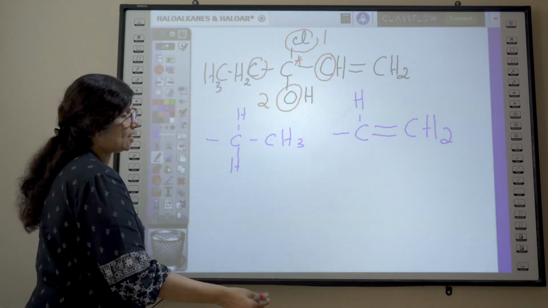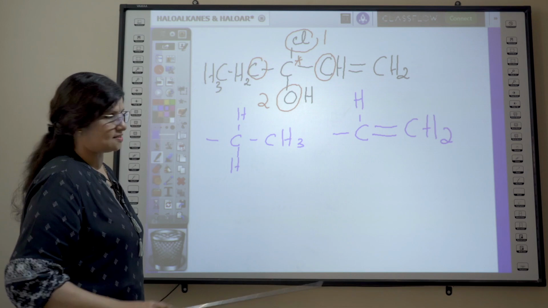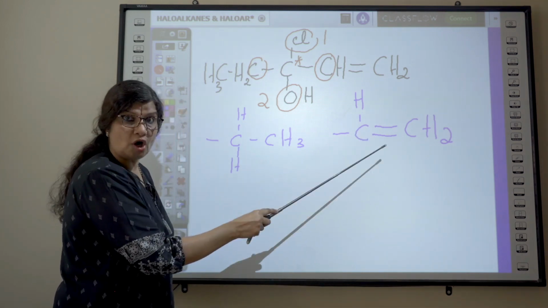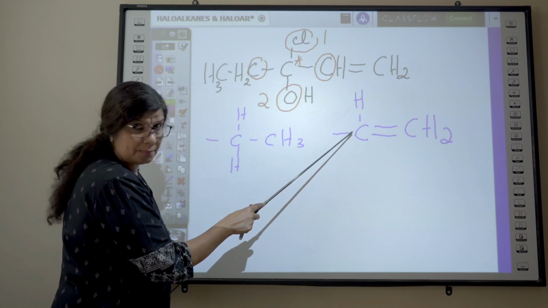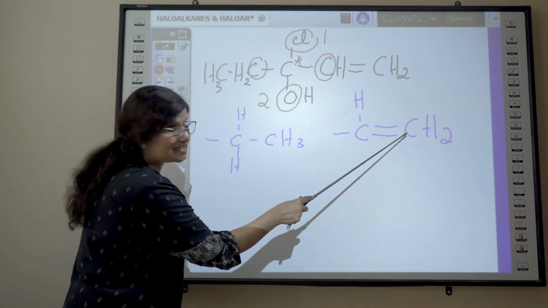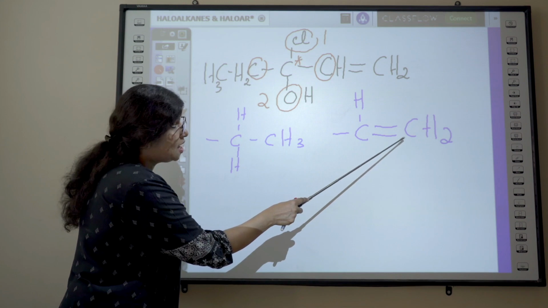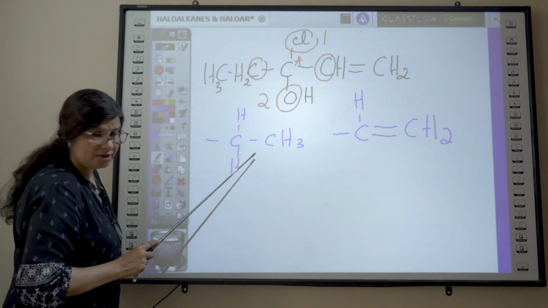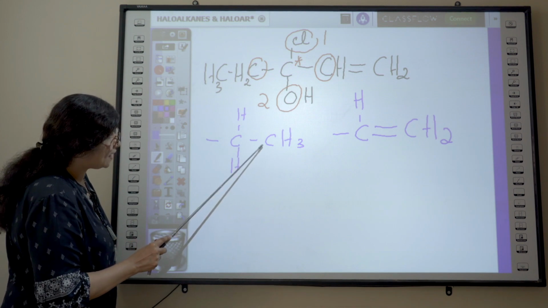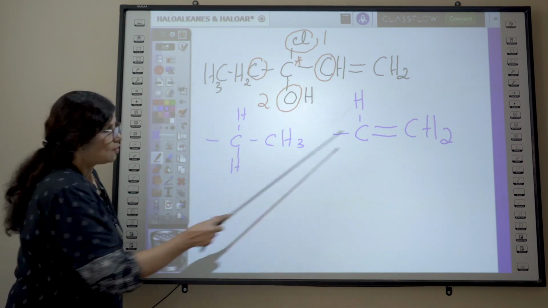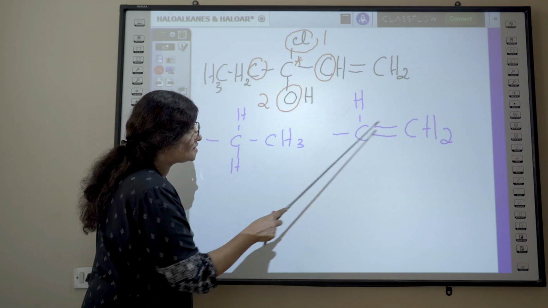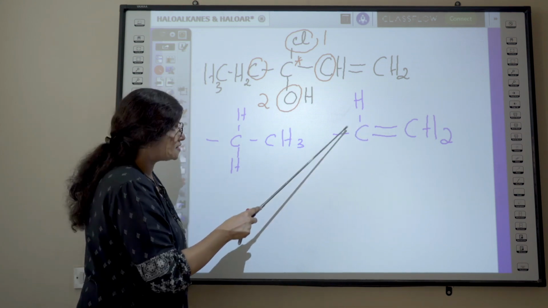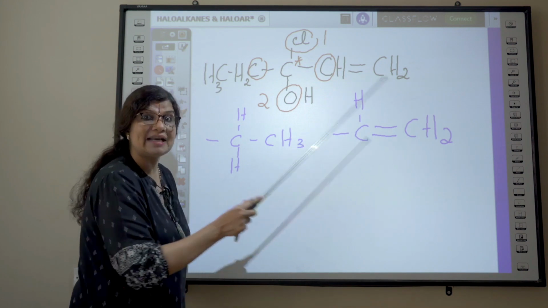Now according to the Cahn-Ingold-Prelog system, whenever there is a multiple bond, what we've got to understand is that this carbon is bonded to this carbon of the CH2 group twice. If you have a single bond, this carbon is bonded to that carbon only once. If you have a double bond, 2 times. If you have a triple bond, 3 times.